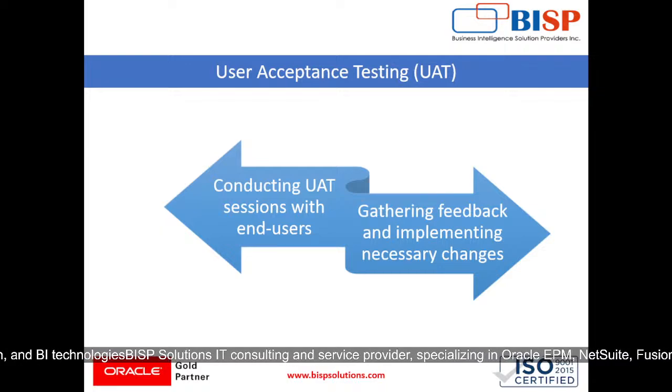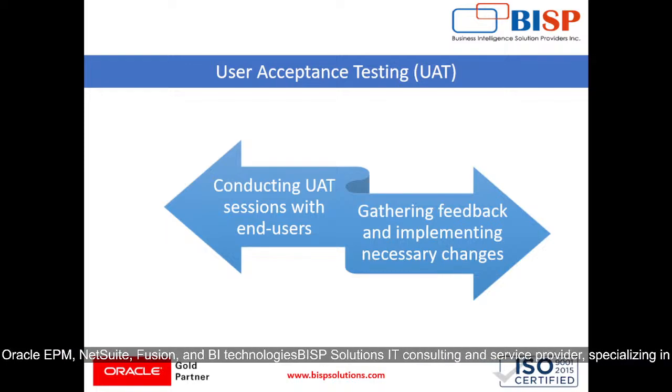Then there is gathering feedback and implementing necessary changes by the stakeholder if there's any. So we will collect our users' feedback on system usability, functionality and performance. Then we will prioritize the issues based on criticality and business impact.